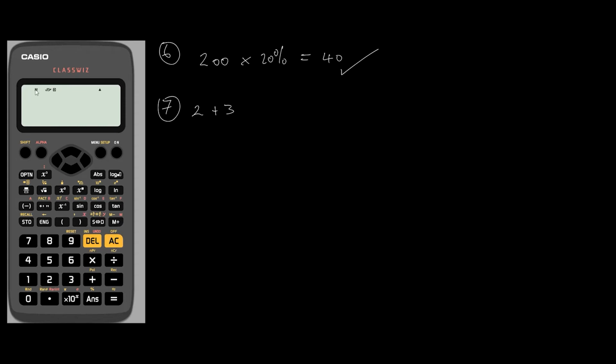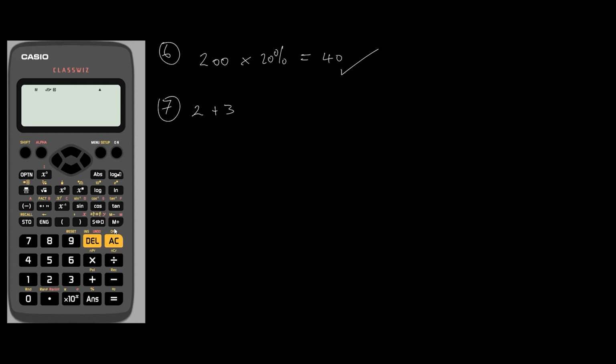You'll notice an M has appeared at the top here, which means something is left in memory. Obviously, it's 2. Okay, now what I'm going to do is pick this 3 here, click on 3, and add that to memory, so hit M plus again, and then I can clear the decks. Now, you would guess that 2 went into memory, and then we added 3 to memory, so we should therefore have 5 in memory.